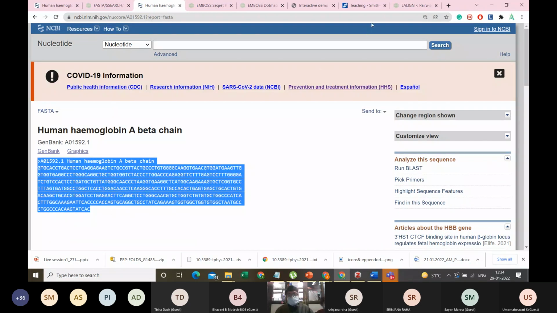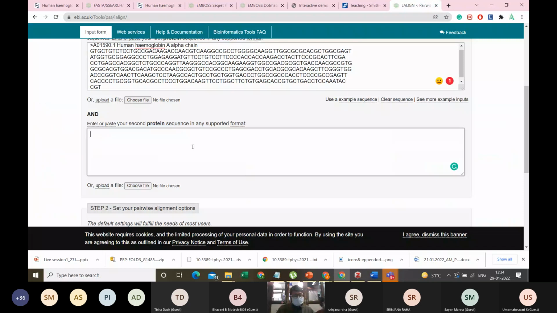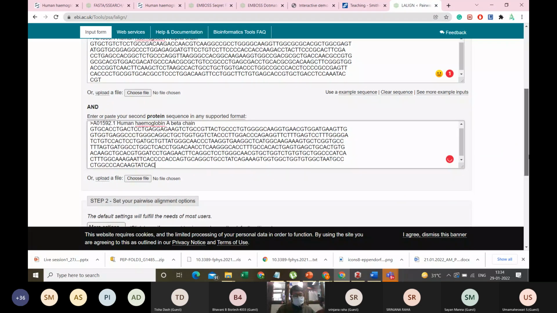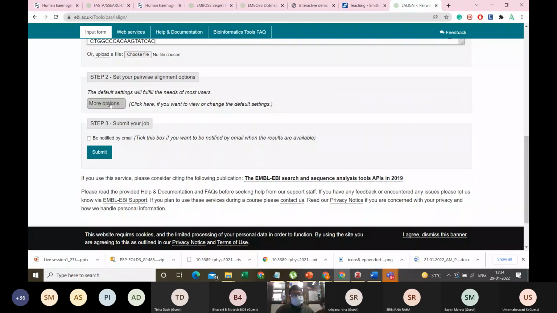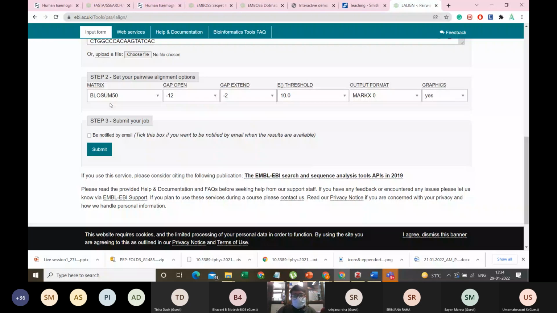So we'll take this. I'm not going to change anything. Gap opening means that when a gap opens in a sequence, the penalty will be given as minus 12.